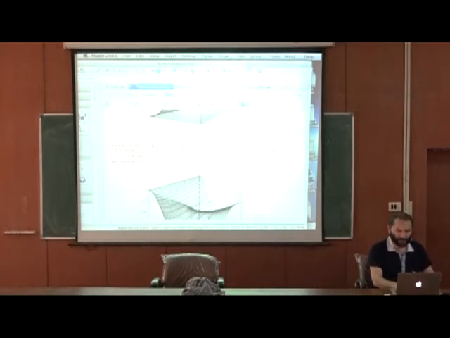This is the fluctuation of the Hubble scalar. It is almost zero at the beginning, and then it becomes negative.